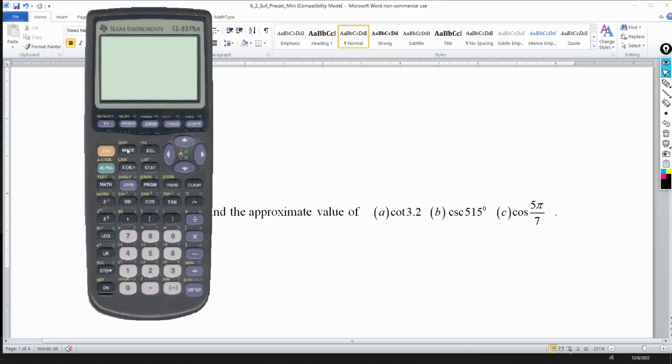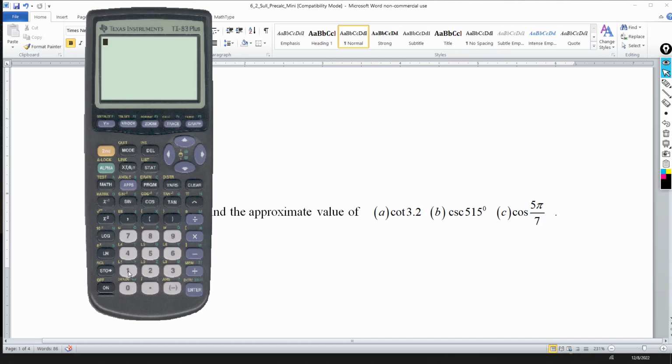So here I'm going to go to mode, put it to degrees. And here I want the cosecant of 515 degrees, and cosecant and sine are reciprocals. So the cosecant of 515 is the same as 1 over the sine of 515.